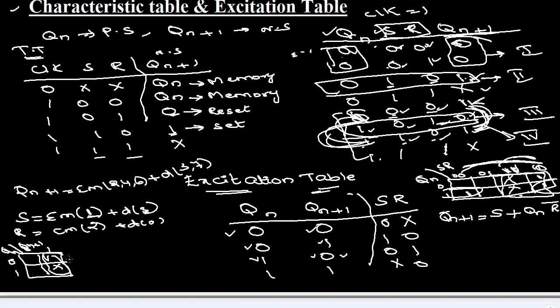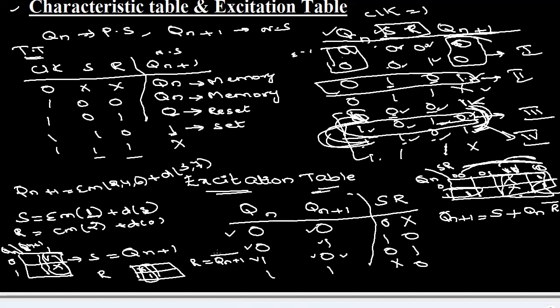So S equals Qn plus 1. For the R map, minterm 2 and don't care of 0, a pair is formed here, so R equals Qn plus 1 complement.